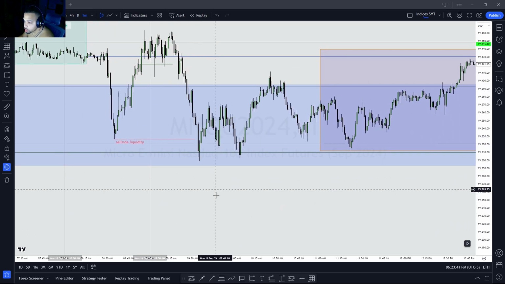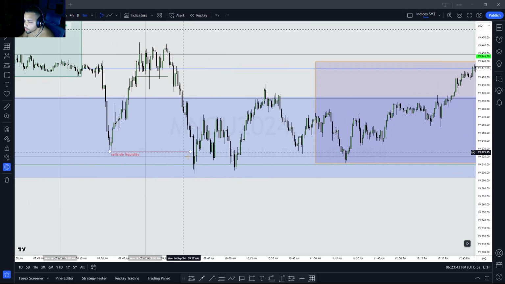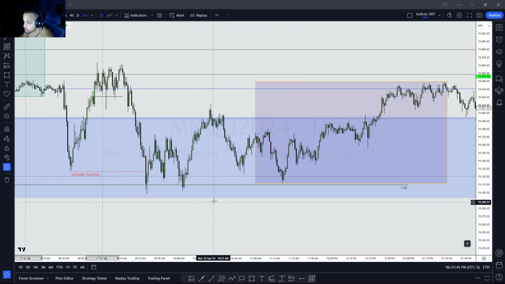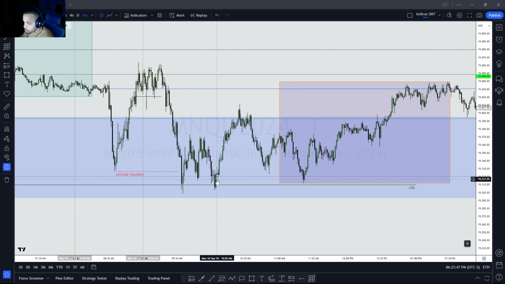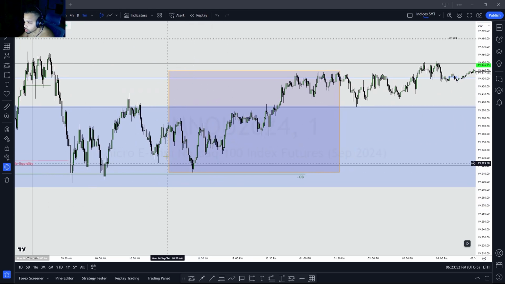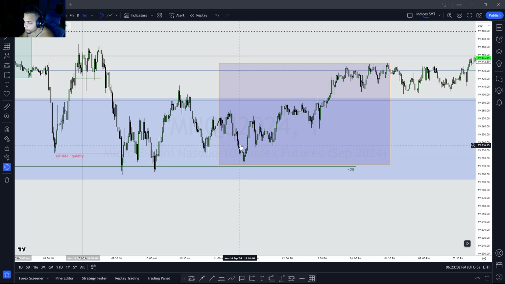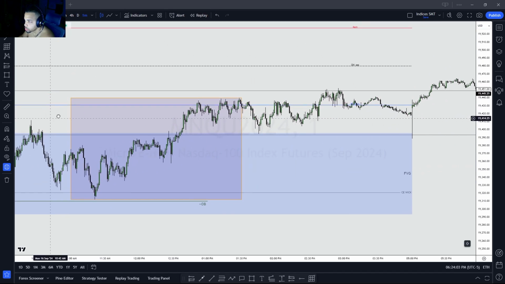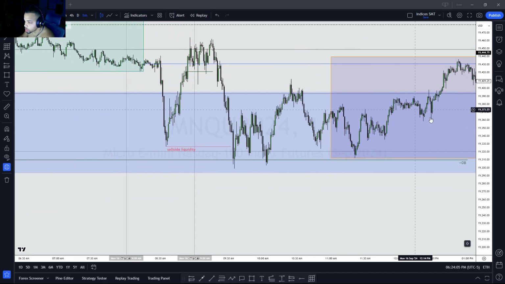And so sell side liquidity was taken here, and they found a lot of support off these levels here, but they couldn't find the means to take this higher during the morning session until we get to the lunch macro, and then they find themselves taking out this liquidity here, and then they drove price higher into this buy side liquidity here.